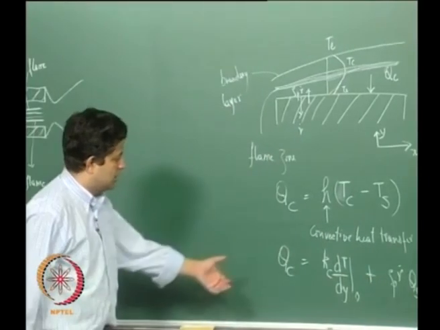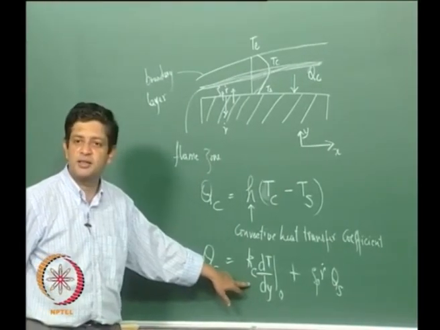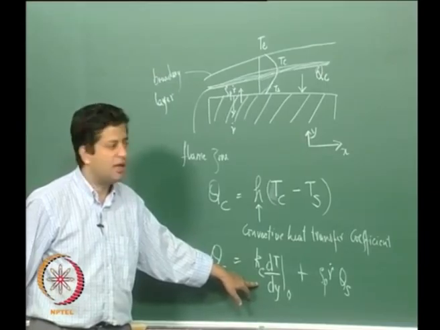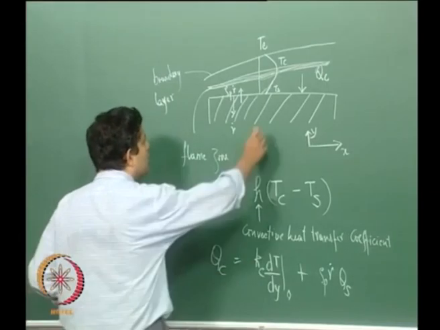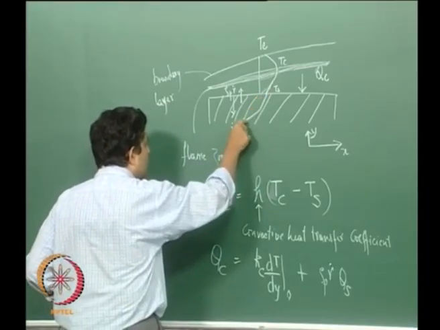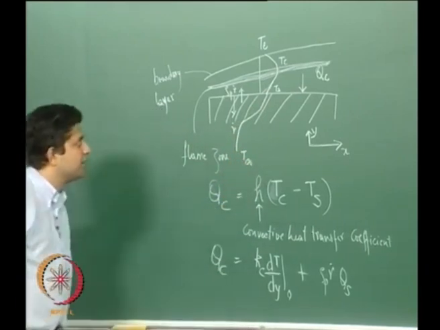This we had seen with regard to solid propellant, that we can rewrite this part as rho p r dot Cp Ts minus T infinity. Let me call the temperature here as T infinity.